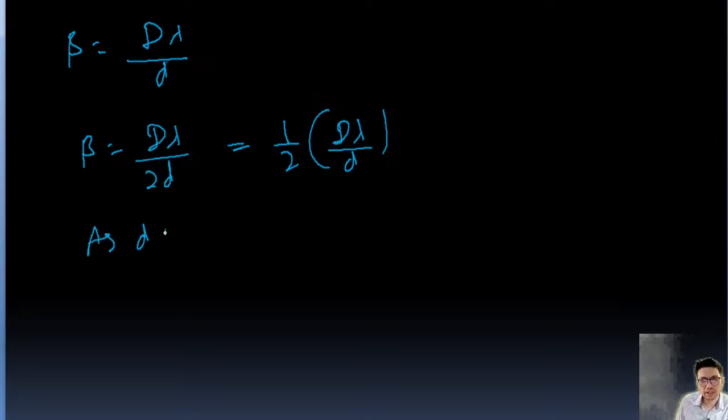This means as d is increased to 2d, beta becomes half.